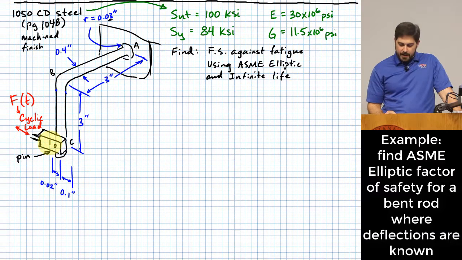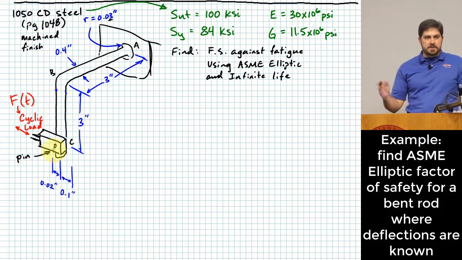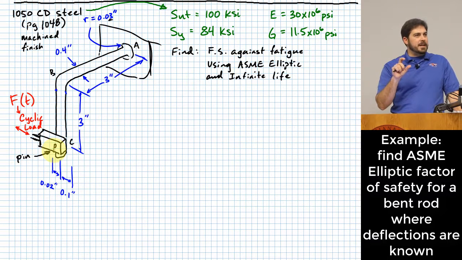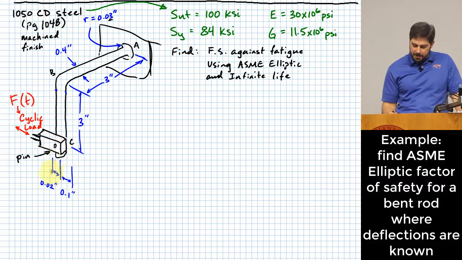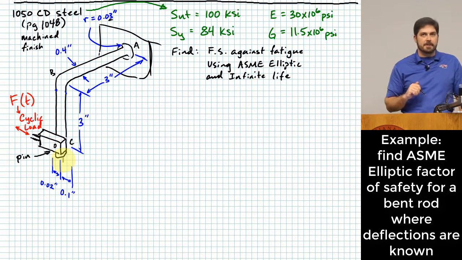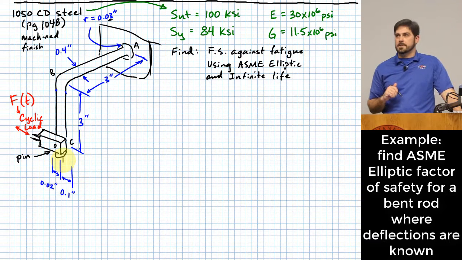Okay? And maybe this is connected to some sort of pneumatic or hydraulic actuator that's creating a force as a function of time on this thing. And let's say that you are able to monitor how far point C moves in response to the load that is being applied at point C. Does that make sense?